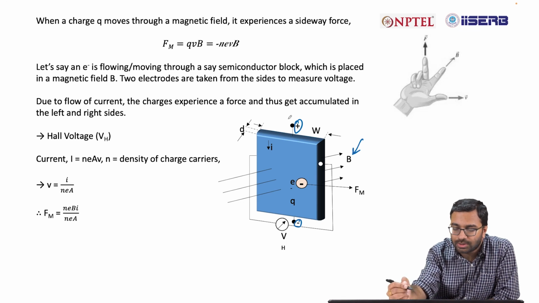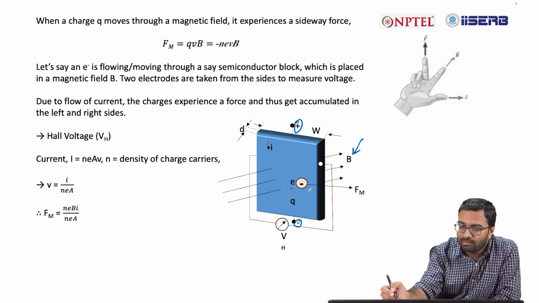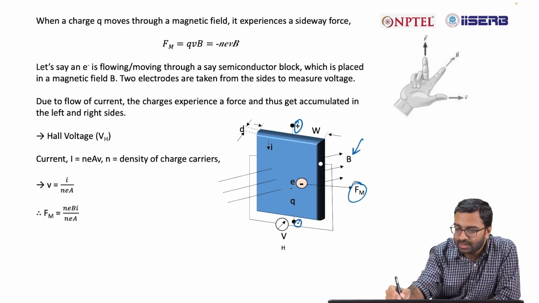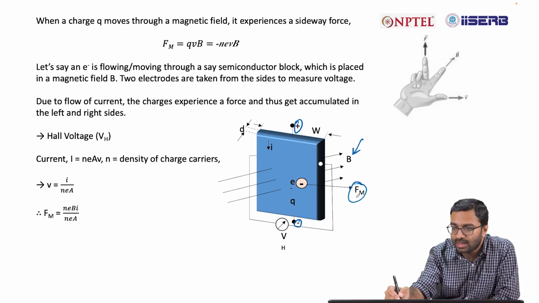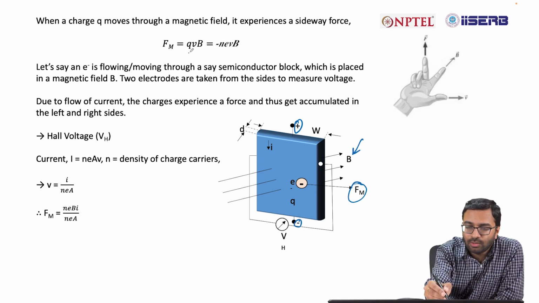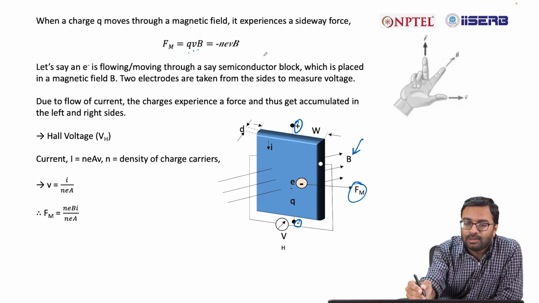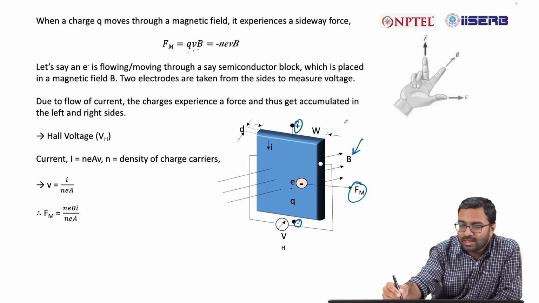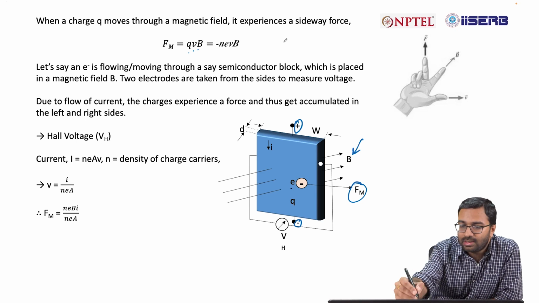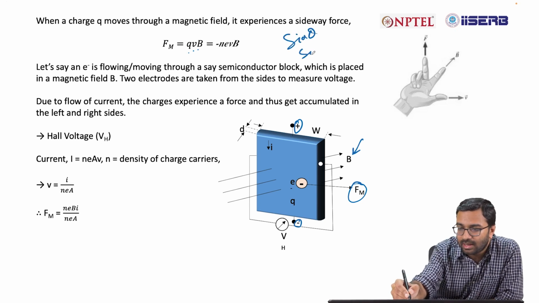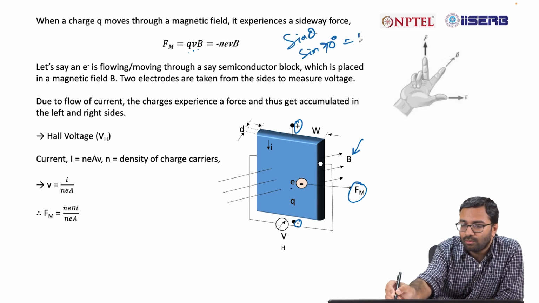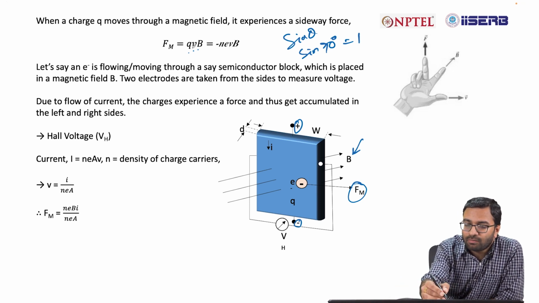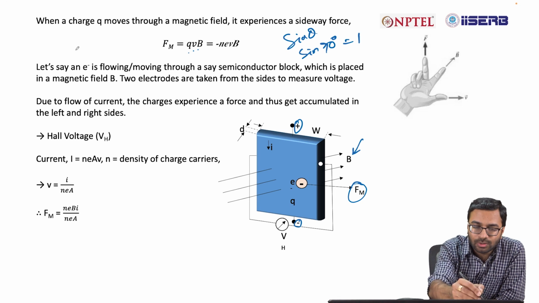Now, in such a situation, the particle will experience a magnetic force Fm, which is Q V cross B, because in this case the angle theta is 90 degrees, so sin 90 degrees is 1. So the magnetic force will be Q into V cross B, that is QVB sin theta.